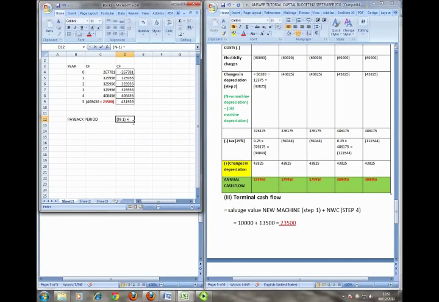N minus 1, plus IO, which is the initial outlay, minus the sum of cash flow before N, and then you divide by the cash flow on the year N.